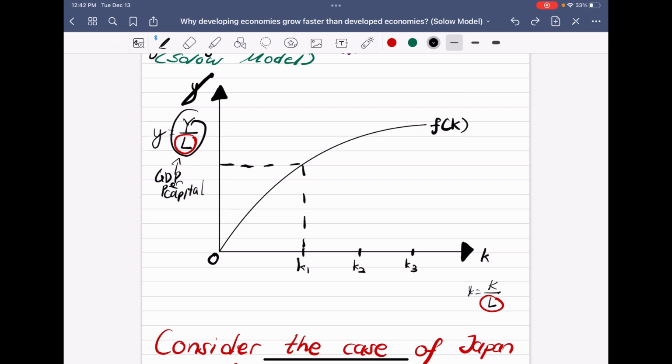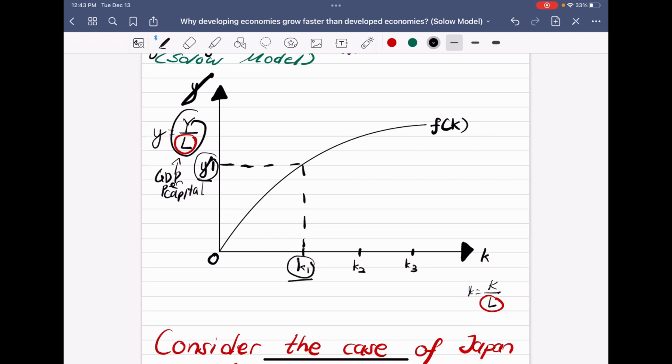Because you must remember that the first time you injected that capital, it made labor, your people, very productive, and hence it increases output. So you can see here at K1, it increases output per capita. Y1 is the output per capita.